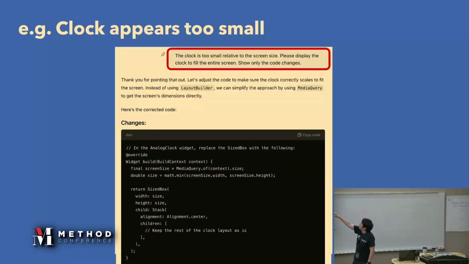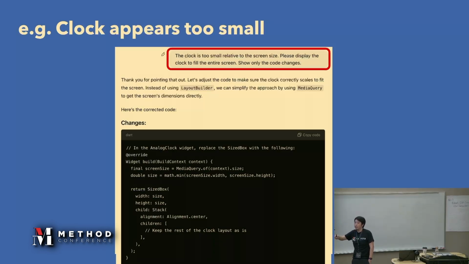The clock is too small relative to the screen size. Please display the clock to fill the entire screen. Show only the code changes. It's my second prompt.